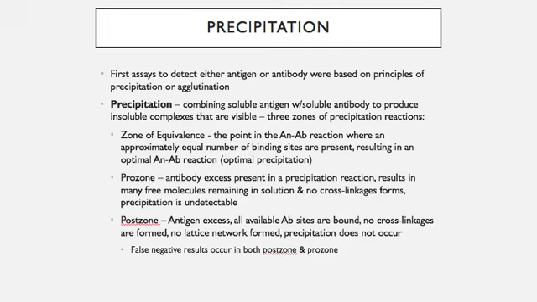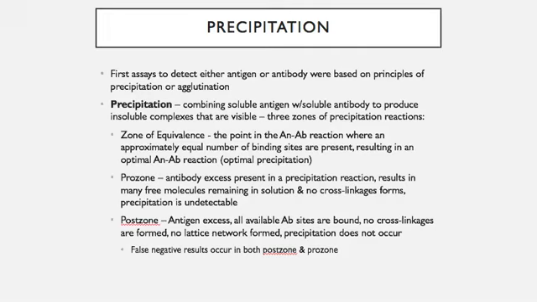We see the reaction without that marker label. The methodology of precipitation combines soluble antigen with soluble antibody to produce insoluble complexes that are visible.